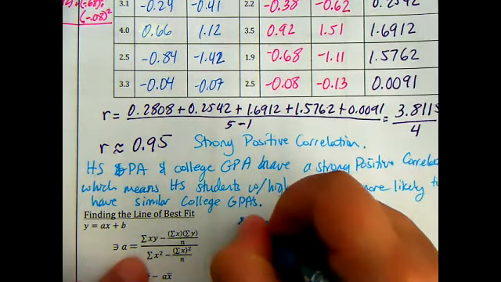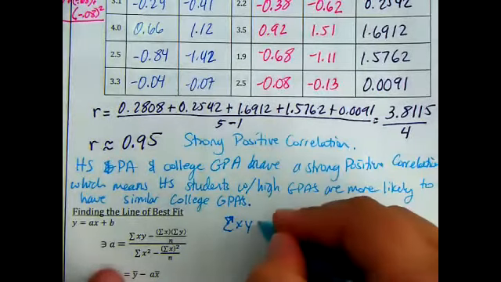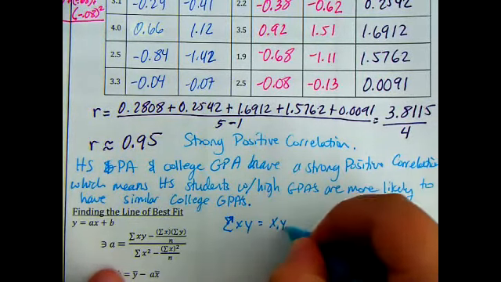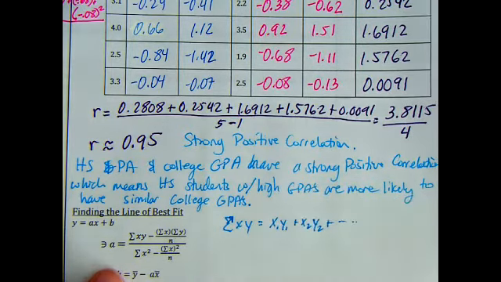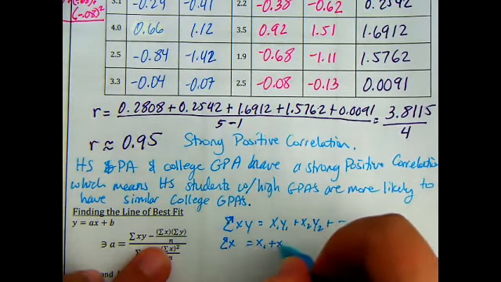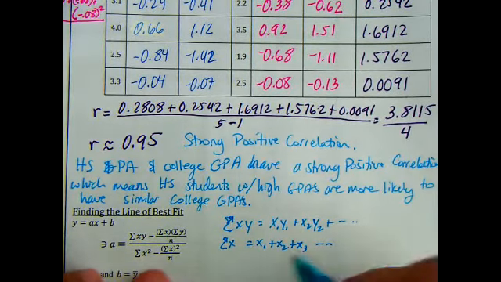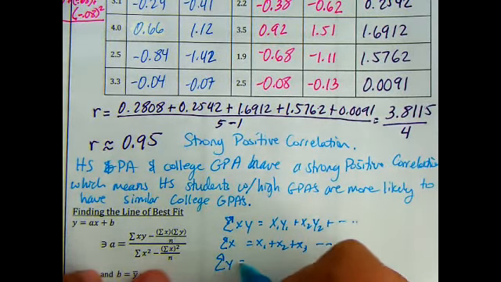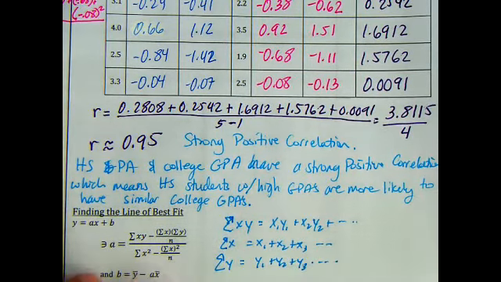Okay, you have the summation of xy, which means it's literally x1 times y1 plus x2 times y2 plus so on. Okay, and then you have the summation of the x's, which is literally x1 plus x2 plus x3 and so on. The summation of the y's, which is very similar, y1 plus y2 plus y3 and so on.